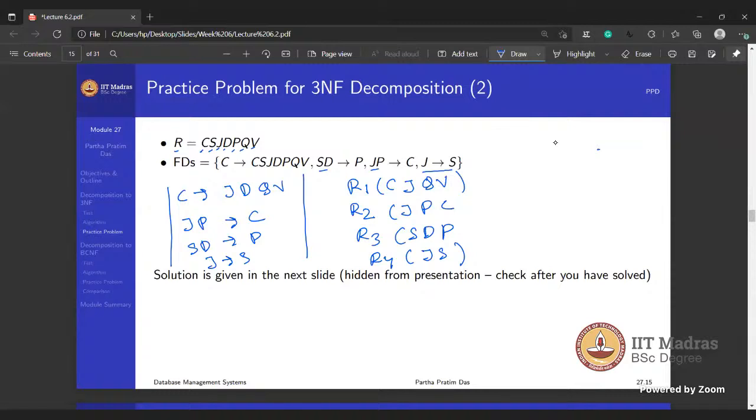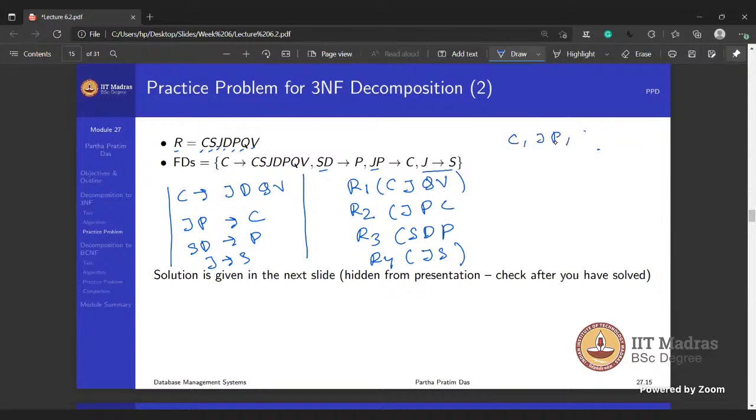Okay, so in this relation, what is the candidate key? The candidate keys here are C, JP, and JST.